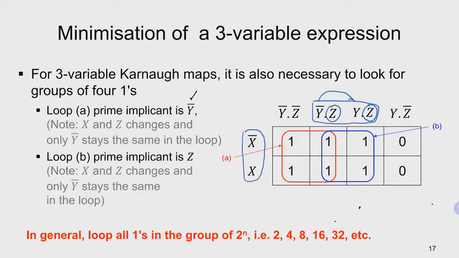Y changes from Y bar to Y. So we can eliminate Y, eliminate X. So the prime implicant here is simply equal to Z. So the final function after minimization will be equal to Y bar plus Z. I can see that X doesn't come into play in this function after minimization.